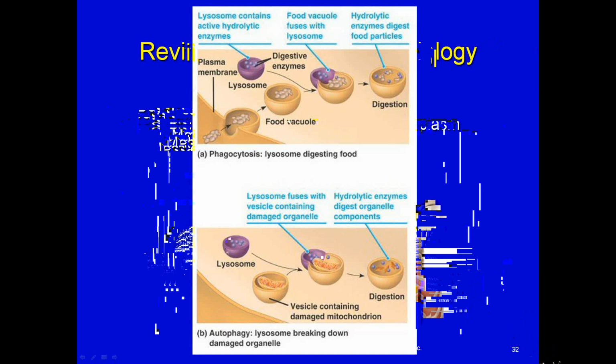So in excess, free radicals are harmful. Here's just an example of how a lysosome will combine with a food vacuole and digest those particles that no longer are functioning.